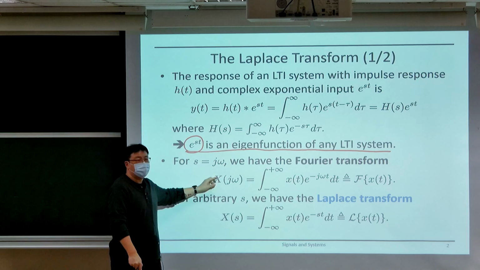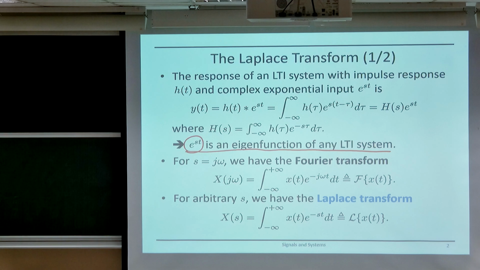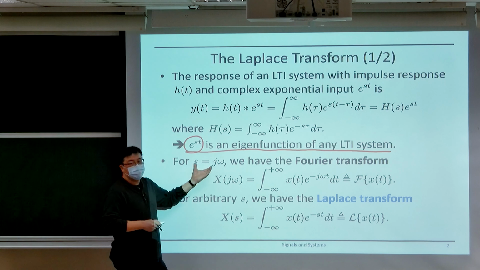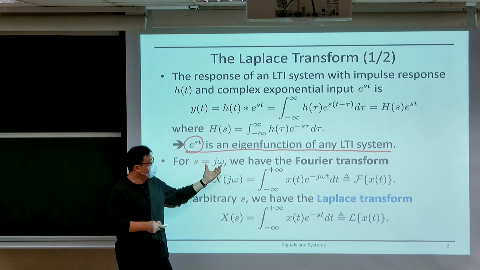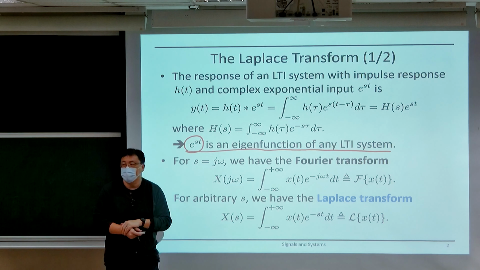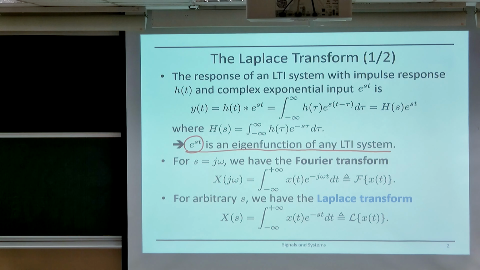Are we good? All right. So how can this be useful? Why do we want to generalize the Fourier transform from s equal to j omega to some arbitrary complex number s? What's the advantage of doing that?